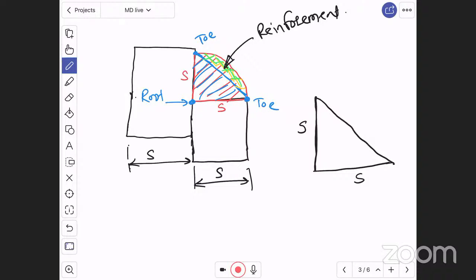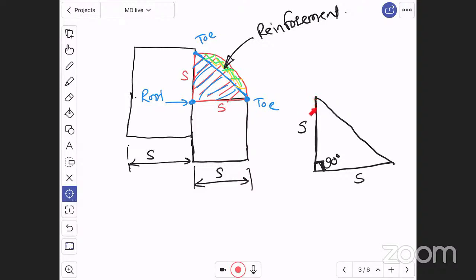Now this is your welding. Therefore, S is called leg size for the welding, also called plate thickness. S is both plate thickness as well as leg size. Can you see here, with vertical and horizontal, there is definitely a 90-degree angle?